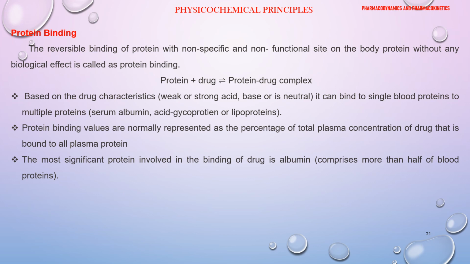Based upon the characteristics of the drug, that is, whether it is an acid, a base, or neutral, it can bind to single blood proteins or multiple proteins. Example, serum albumin, acid glycoprotein. The most significant protein involved in binding of the drug is albumin.